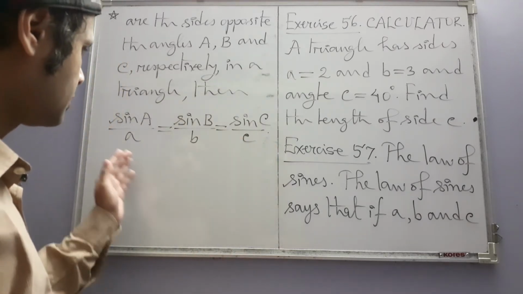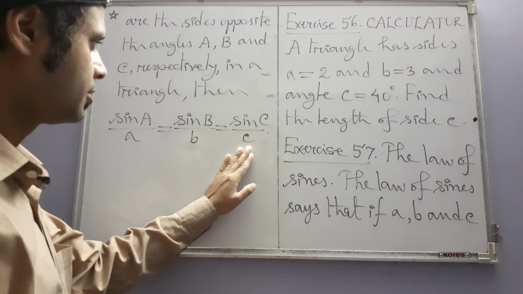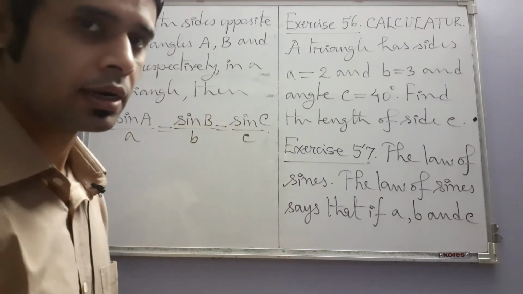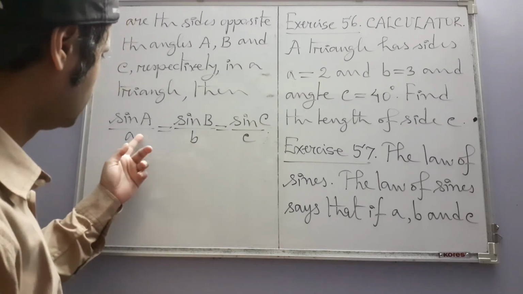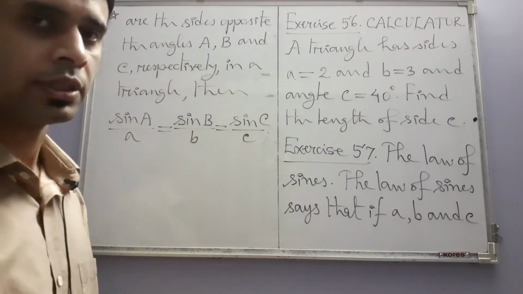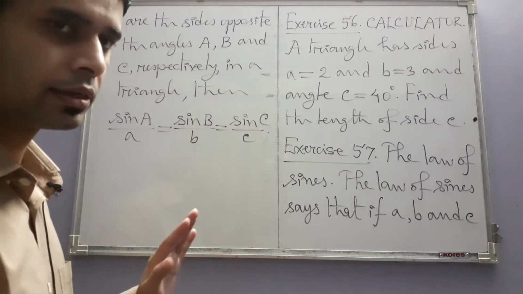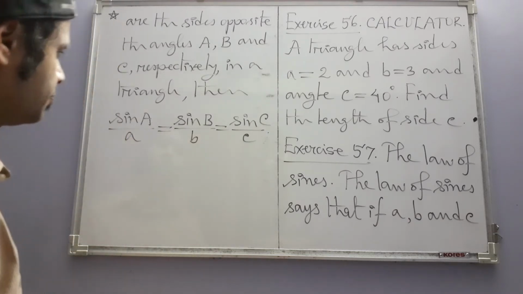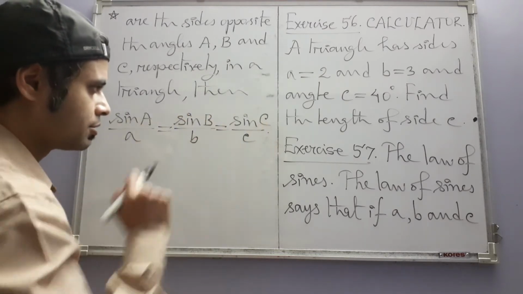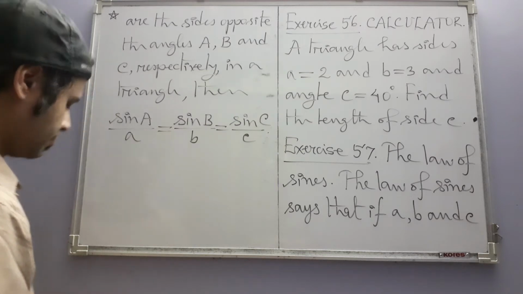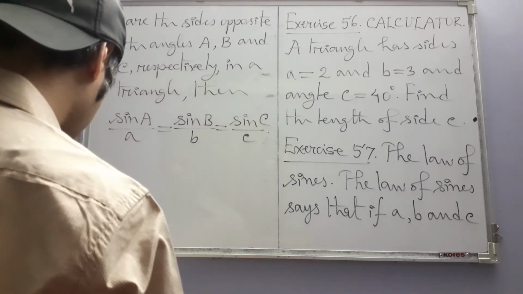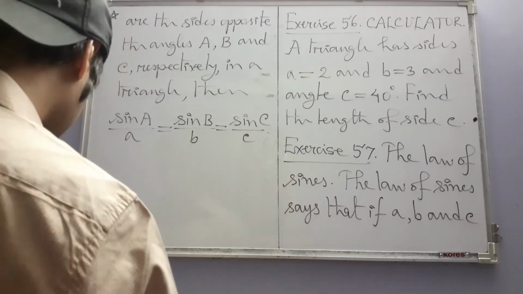The sines have been kept in the numerator, but it does not matter. That means the sides are in the same ratio as the sines of the angles are, where we are talking about the angles opposite to those sides. I mean, in that order, the angles are being considered. So we have sine A divided by a equal to sine B by b equal to sine C divided by c. Okay, so that is the law of sines.